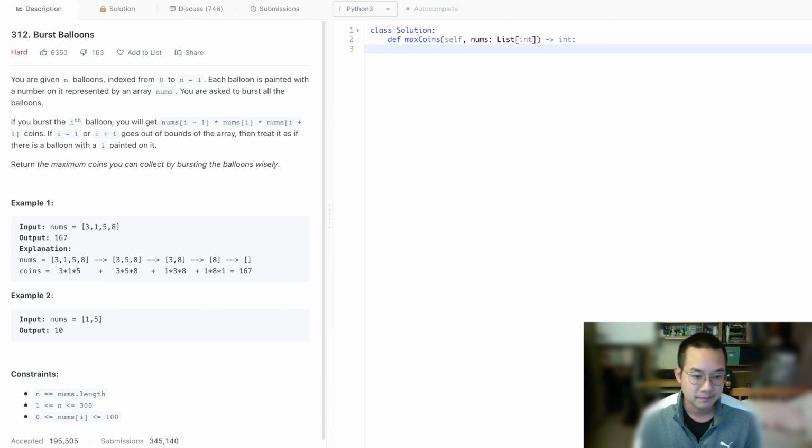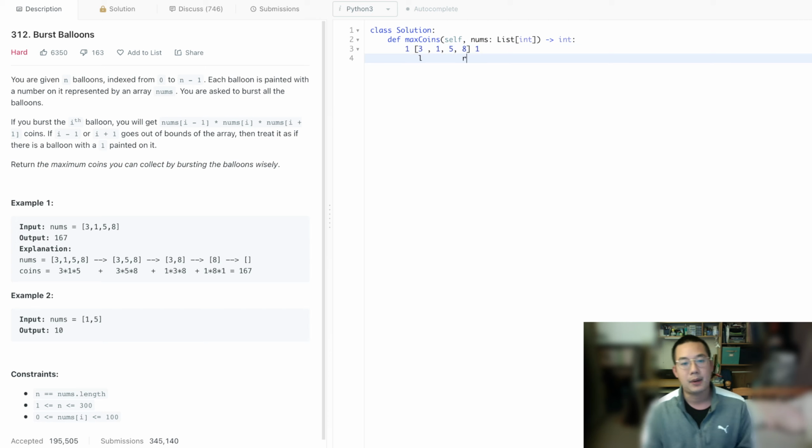To do this problem, we first write up our items that are available here. And we present ourselves with a left and right boundary by which we can work on this particular problem.